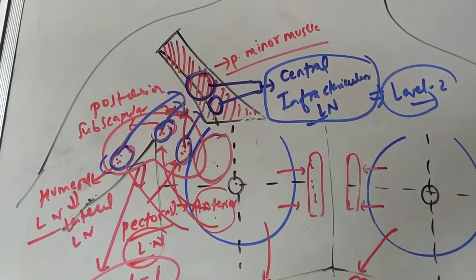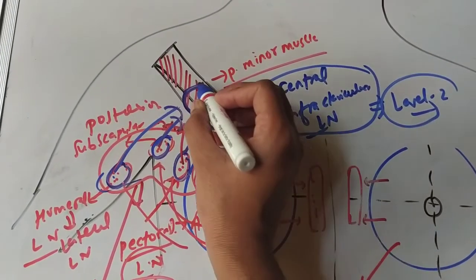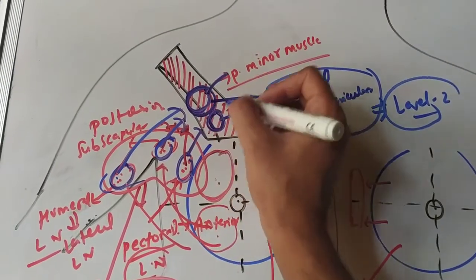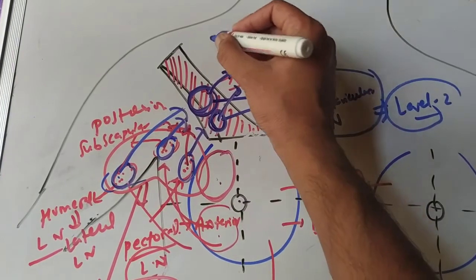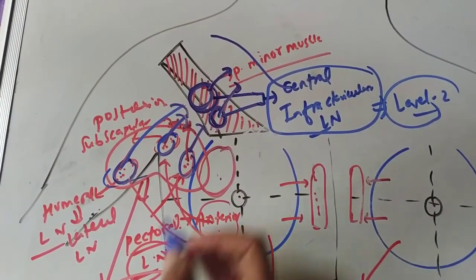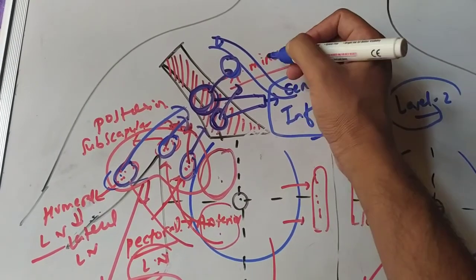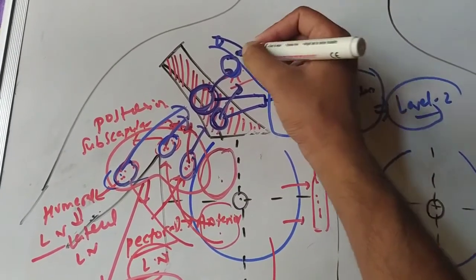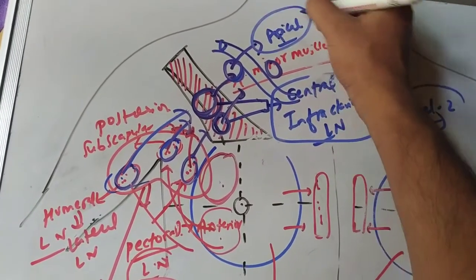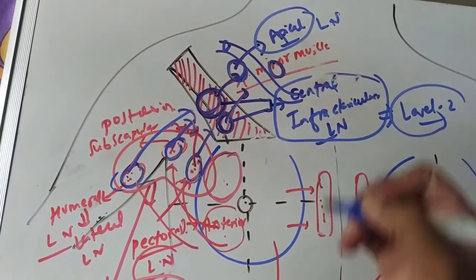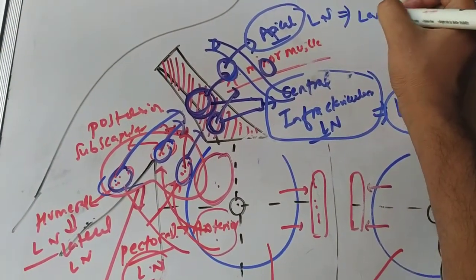And whatever lymph is ultimately collected in level 2 is taken into the level 3 group of lymph nodes. The level 3 lymph nodes are just beneath the clavicle. In level 3 there is the apical lymph node, so the apical lymph nodes are also known as level 3.